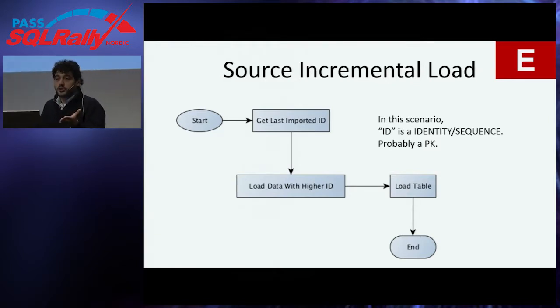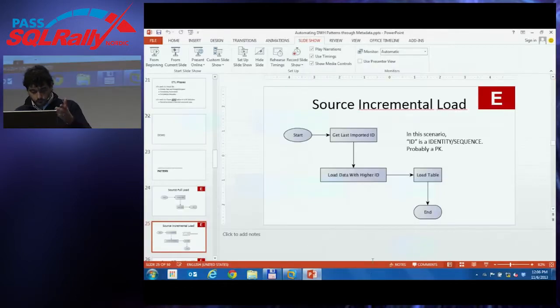Just like the zero change dimension. What Kimball said to us is how, from a logical point of view, we should implement the solution to get a zero change dimension, not how to physically do it. That's exactly the same idea. So define a pattern, and if you want, also create a template out of it, an implementation template.